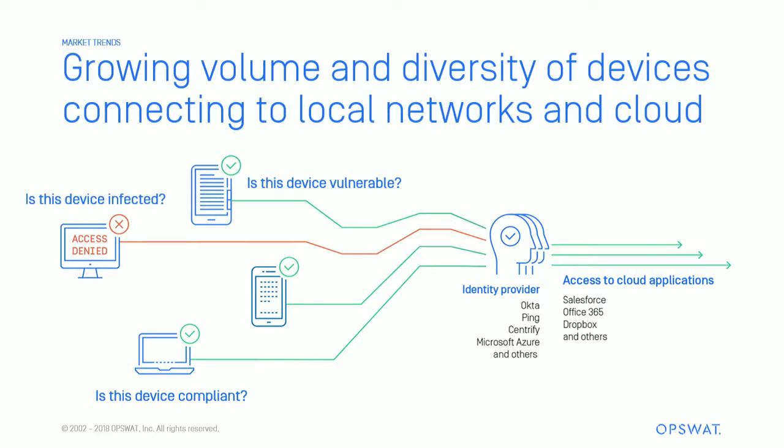And this move to the cloud is accelerating the proliferation of devices. You've got your laptops, mobile, even IoTs, and some of the trends around here are, of course, familiar to you. Consumerization of IT means that more and more employees are bringing their own devices to work. You've got really distributed enterprises and flexible work arrangements playing into this.